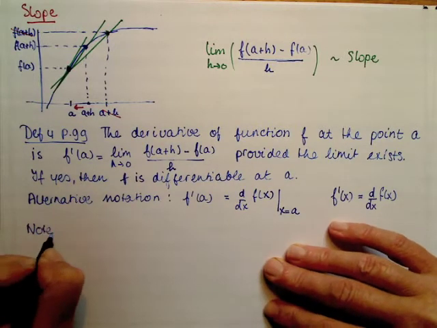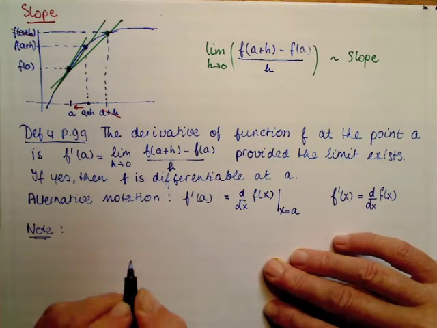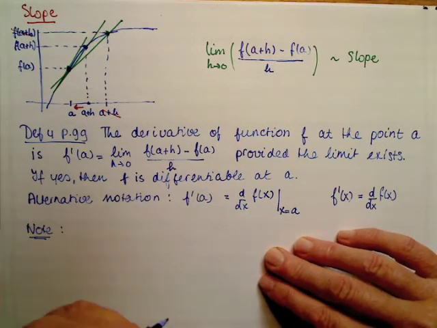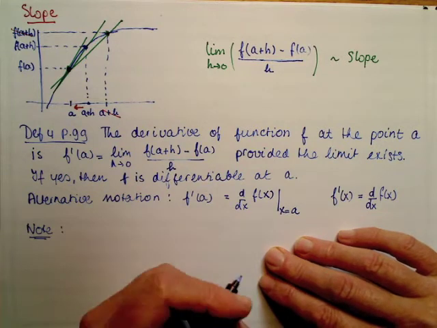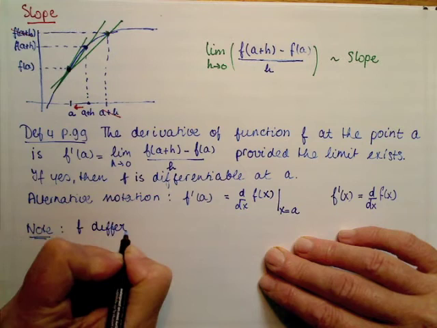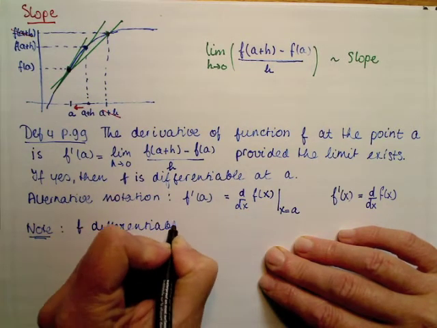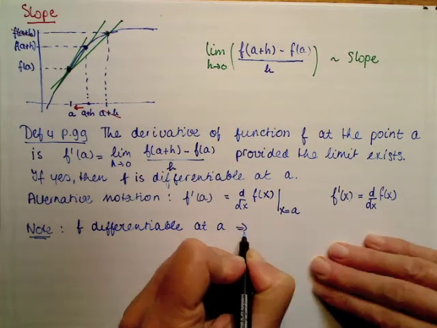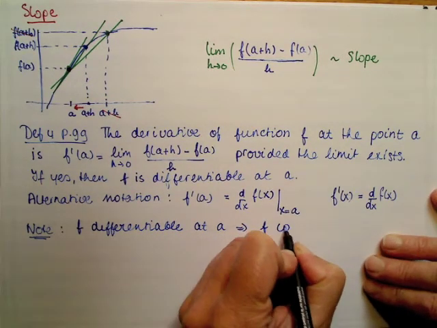A remark: differentiability is a refined continuity concept. So if f is differentiable at a point, so we can determine the slope, then it necessarily must be continuous at a.